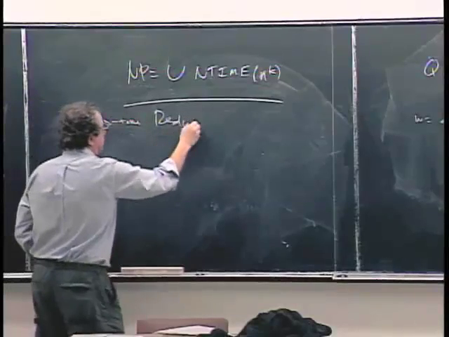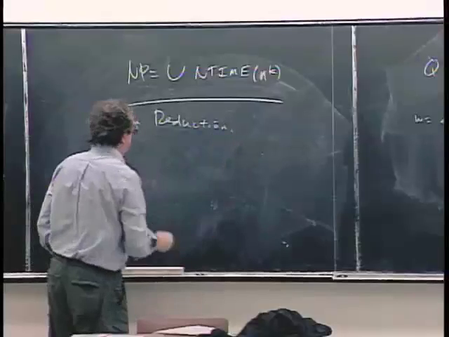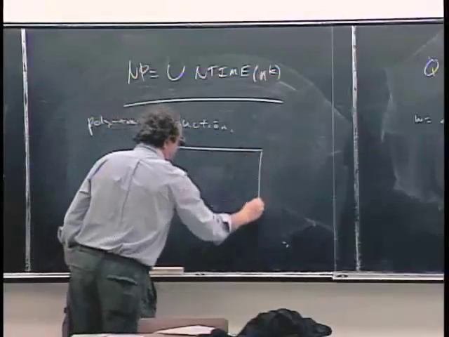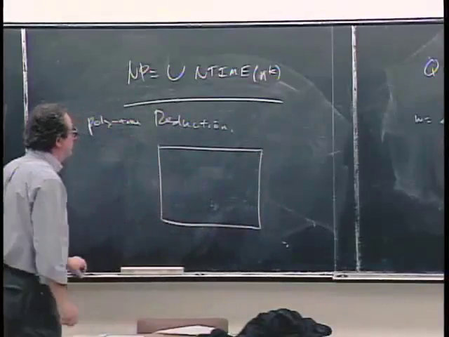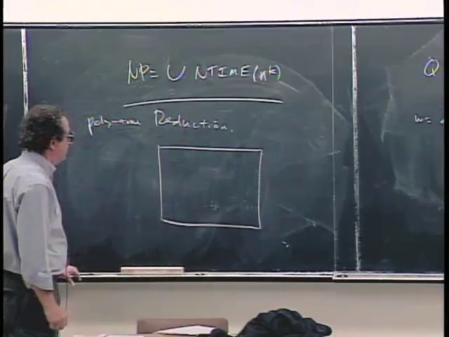All right. Now, last time we talked about polynomial time reductions, polytime reduction. And we know a lot about reductions because we talked about reductions when we talked about undecidability.